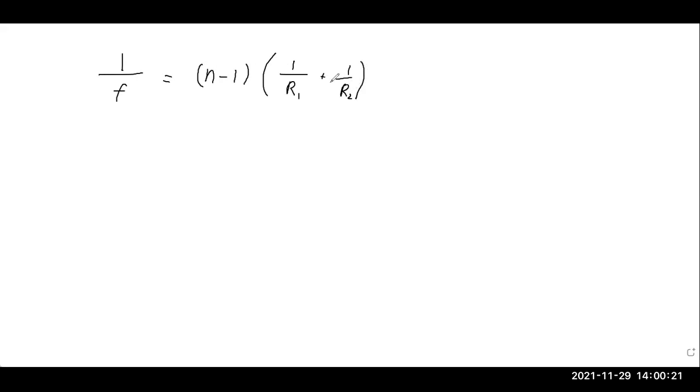So this is rather similar to what we got from light going through a single curved surface. It's related to that. Some differences are, for the lens maker's equation, we usually assume that the index of our lens is n, and the index of its surroundings is 1 for air.